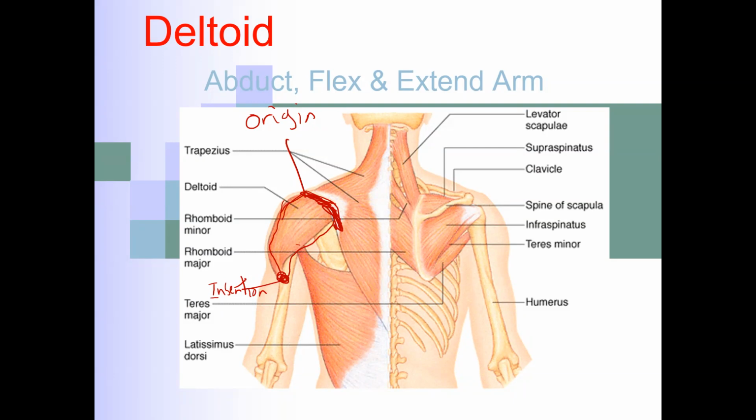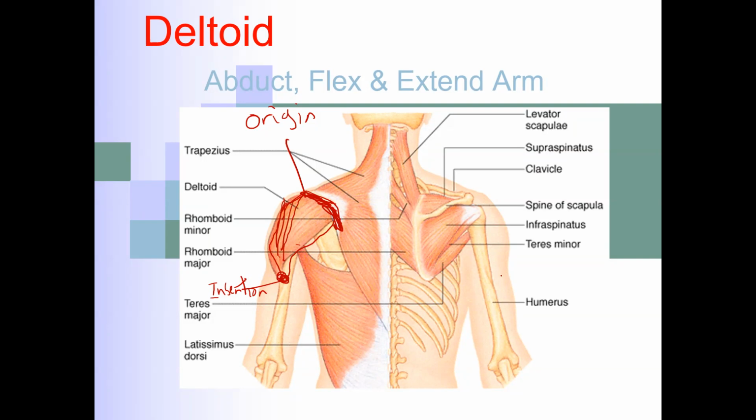Then you have flex. So you can flex your arm, which once again means you're moving it closer to the body. So remember, this is dependent on the part of the deltoid that is contracting, right? So the top part contracts. So if here contracts, for example, you're going to abduct the arm, you're going to raise the arm away from the side of the body.